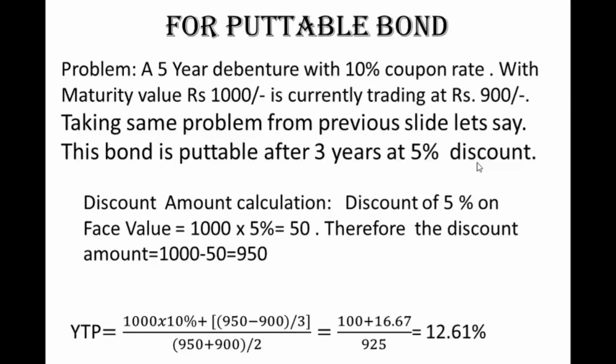Since the investor had agreed to lend the money to the company for a period of 5 years and they are taking it back before the completion of 5 years, they have to redeem it at a discount. The investor cannot get the benefit in this case because the investor is taking back the money before the period ends, and that's the reason why that 5% discount is the redemption value.